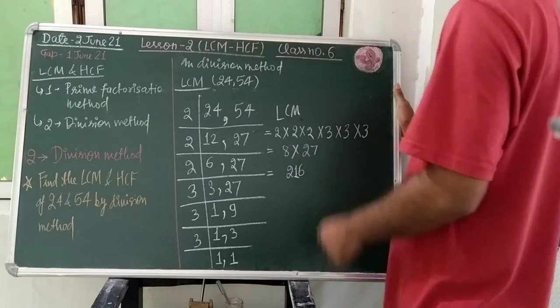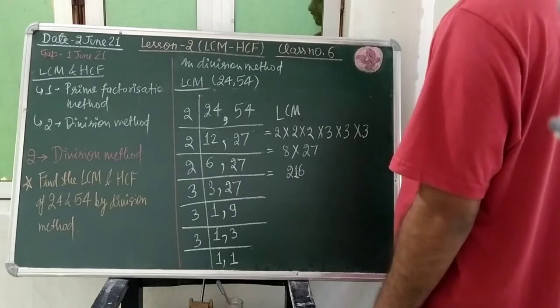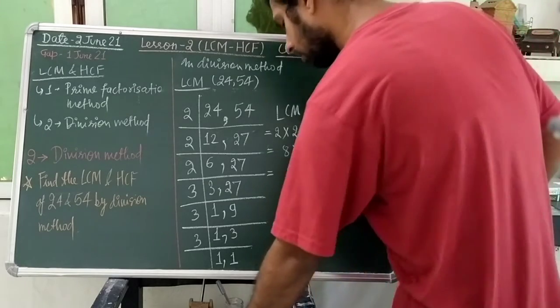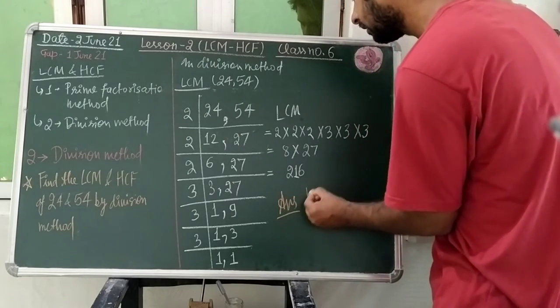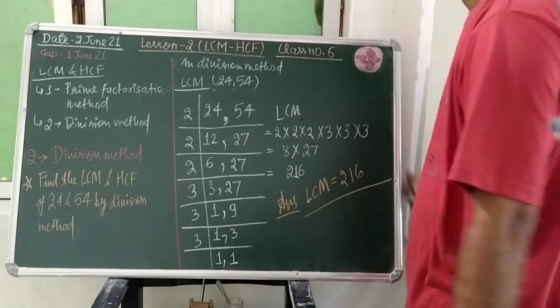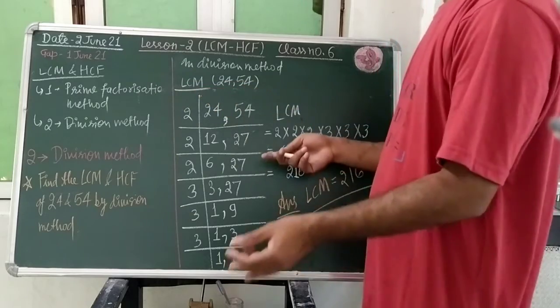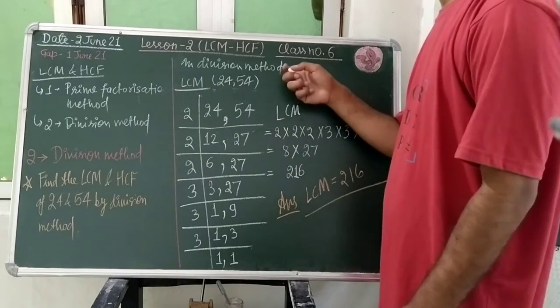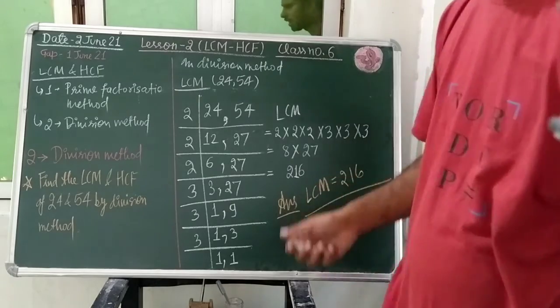You can multiply 8 by 27. So you will get 216. So your answer, LCM, will be 216. And look, from the prime factorization method and also by the division method, we are getting the same answer, 216. You can write it down.